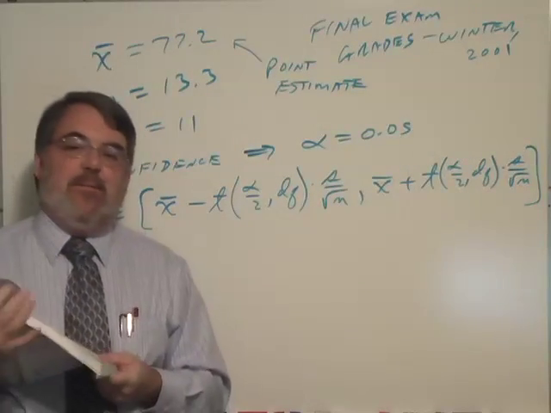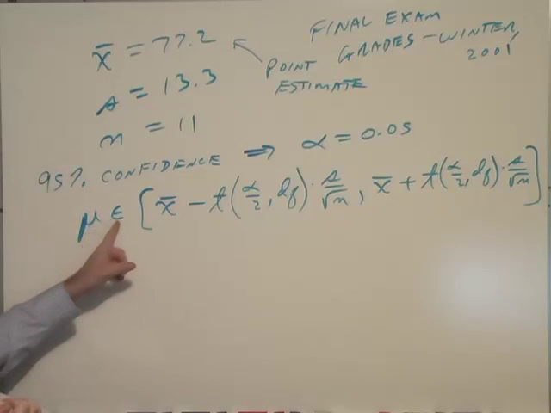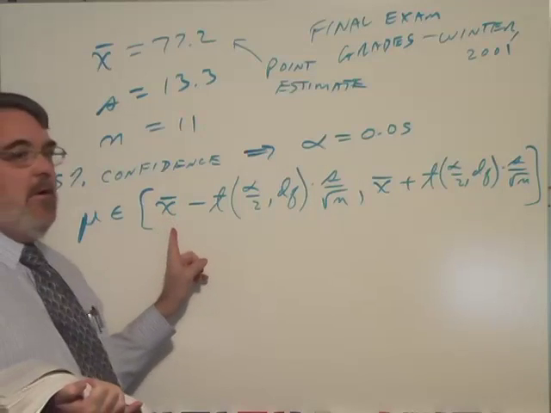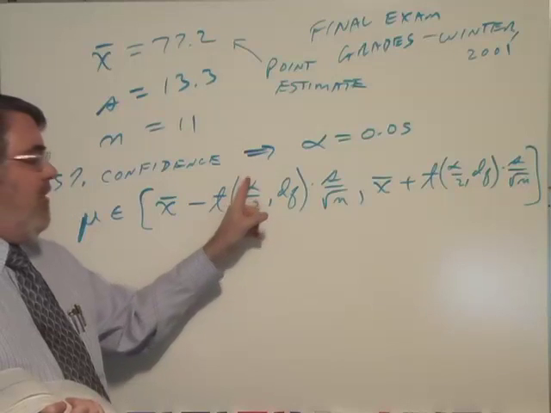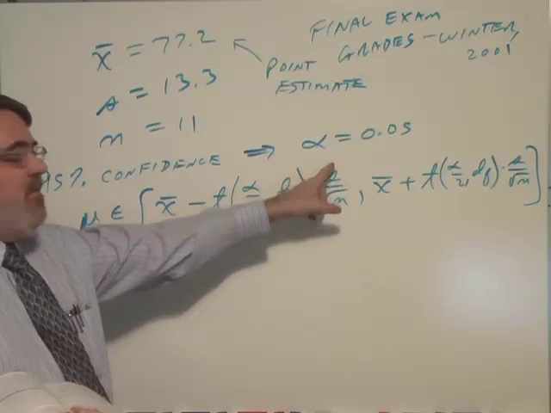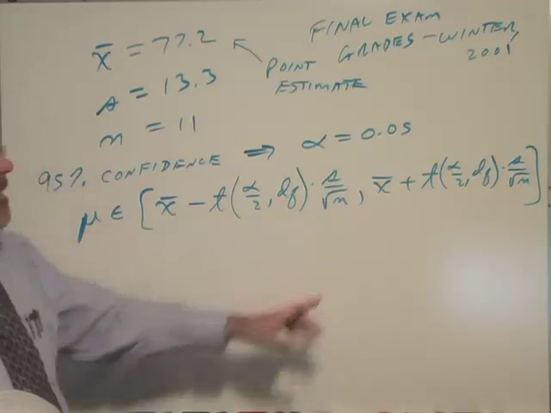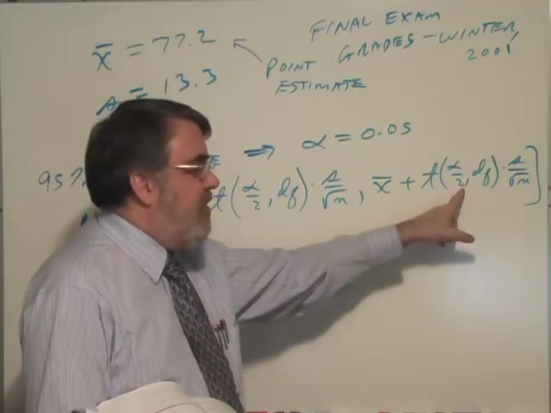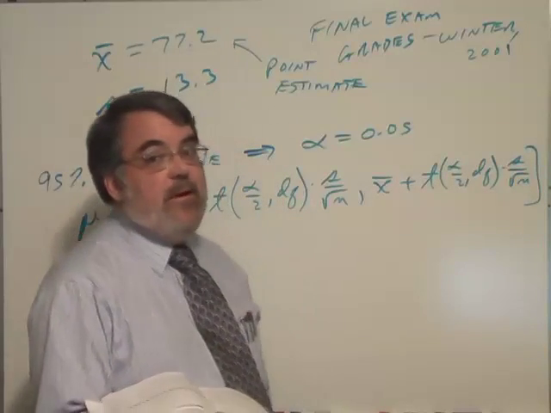I've written a formula on the board, and it reads this. Mu belongs to the interval x bar minus t-score based upon alpha over 2 and degrees of freedom times s divided by square root of n, comma, x bar plus t based upon alpha over 2 probability degrees of freedom times s over square root of n.